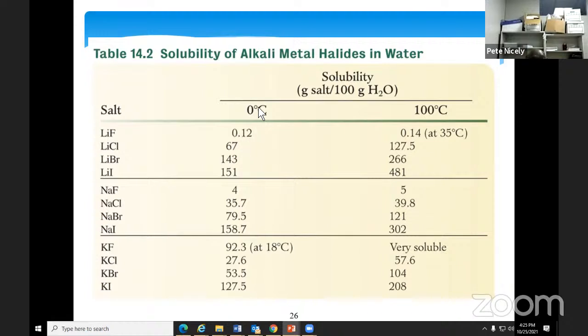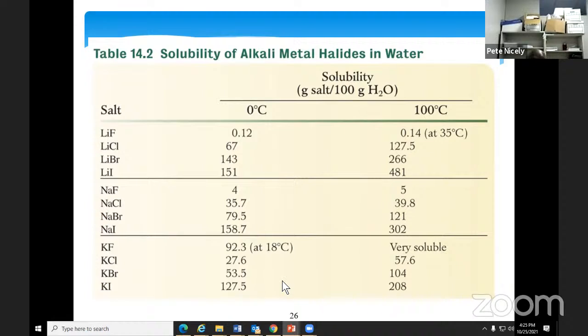From 0.12 at 0 degrees Celsius to 0.14, what it says here, at 35 degrees. Or if you look at sodium fluoride, again, there's not that much of an increase. Same is true for sodium chloride, but in the case of sodium bromide, there's a larger increase, from 79.5 grams per 100 grams of water to 121 at 100 degrees Celsius.